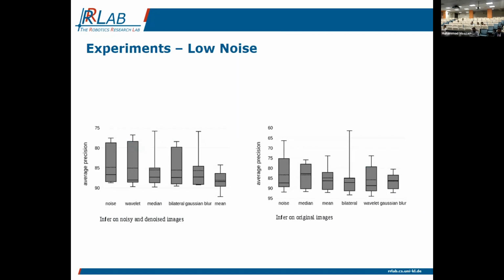And here we have a comparison of all of those different noise levels. So the error bars, the bars here give us an overview of the performance across all of those noise modalities that I just showed. And this line indicates the mean performance, and the dotted line is the median performance of that denoising.